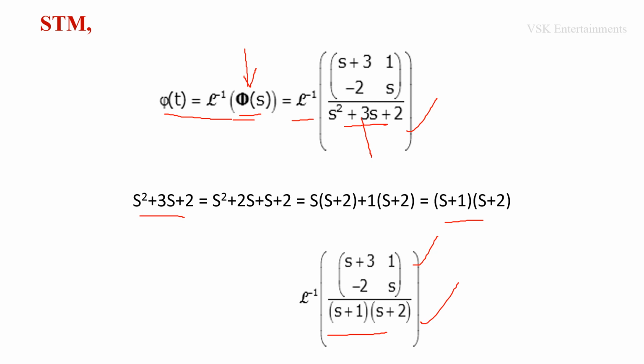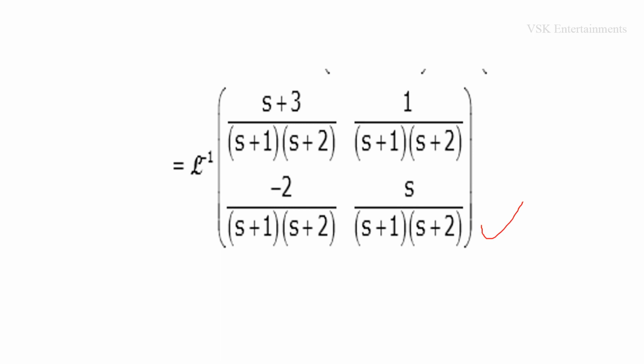We will get each and every element in this matrix. After getting the elements, just apply the inverse Laplace transforms to those factors. Then we will get pi of t, that is the state transition matrix. This is the resultant matrix by considering the factors for each and every element of the matrix.